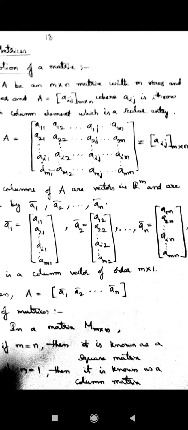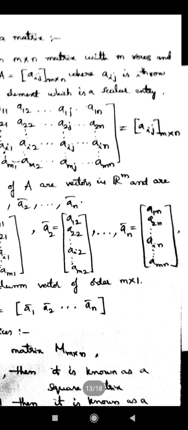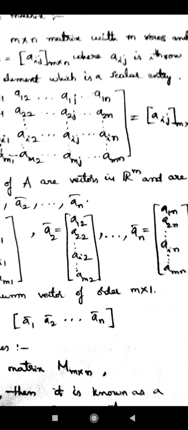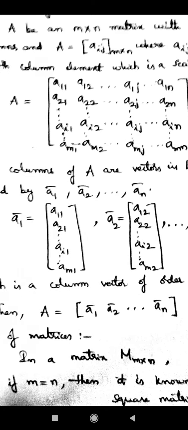And the last column I have taken as An bar. The last column elements of matrix A are taken in a matrix, denoted by An bar, which is a column vector of order m by 1.